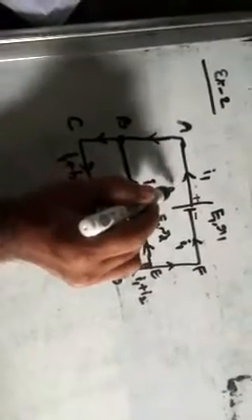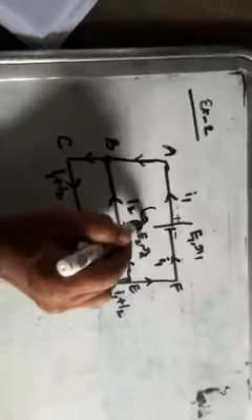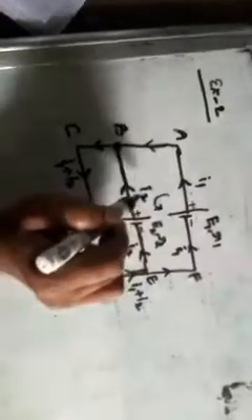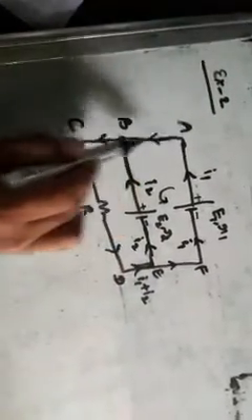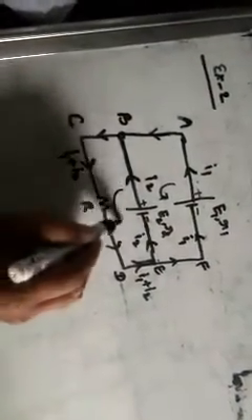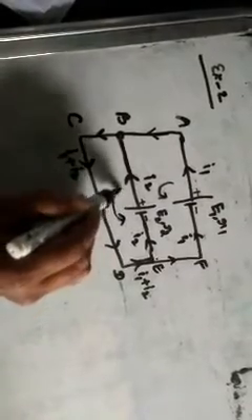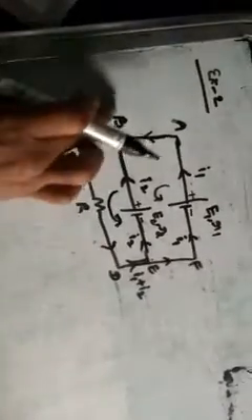See carefully. I am taking the first loop in the anti-clockwise direction, A, B, E, F, A. Automatically the second loop must also be anti-clockwise: B, C, D, E, B.